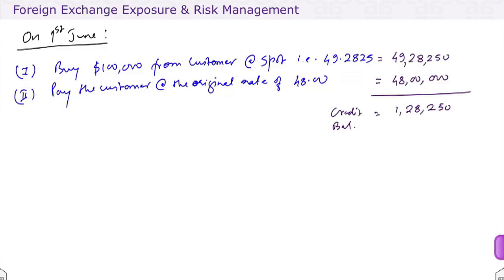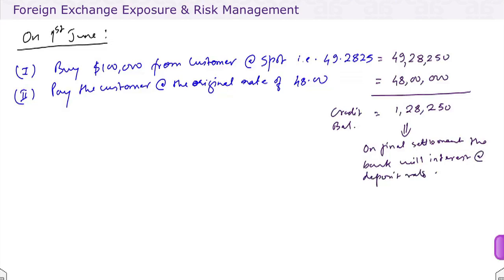So at the time of final settlement, the bank would pay interest, since being a credit balance, at their deposit rates.